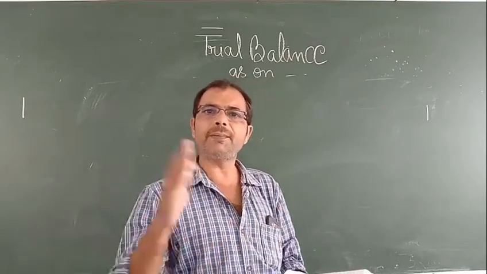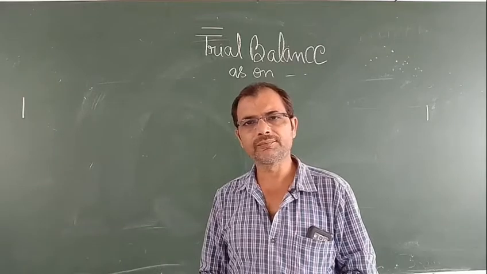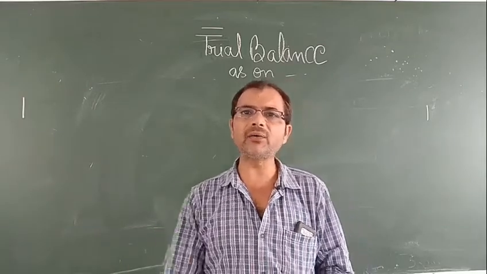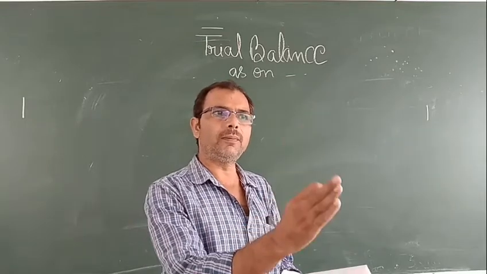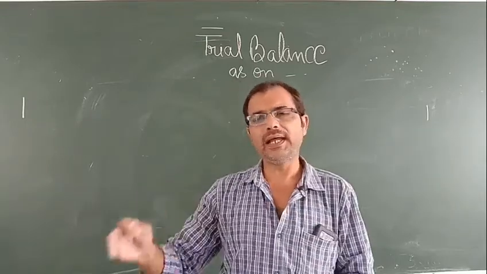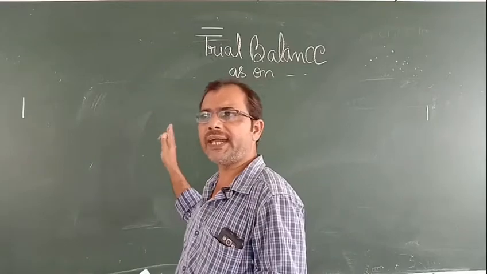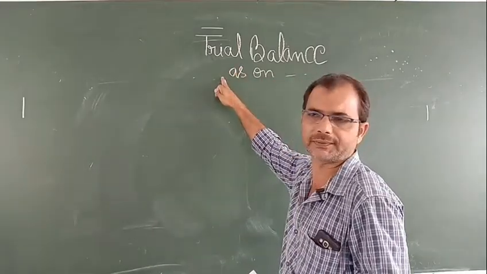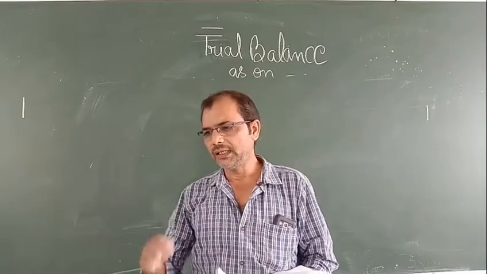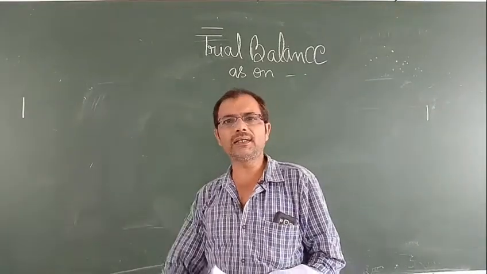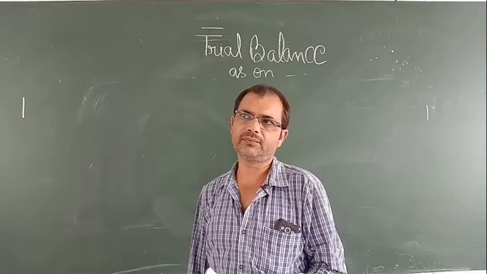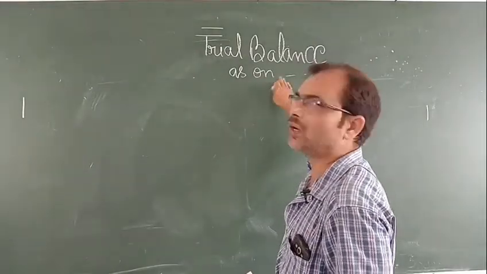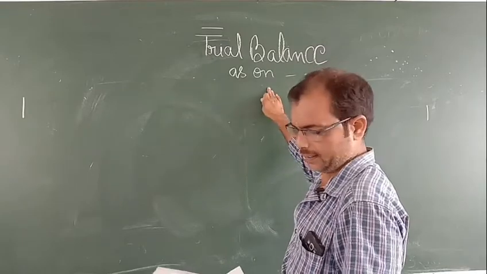At that time we prepare the ledger, and if we want to check the accuracy of our ledger, we prepare a statement, and that statement is called trial balance. We can check only the arithmetical accuracy in the trial balance, and it is prepared on a single date.